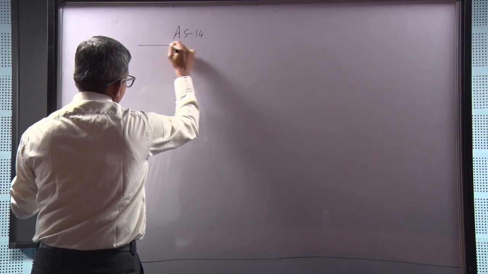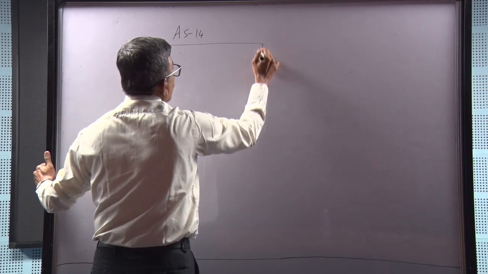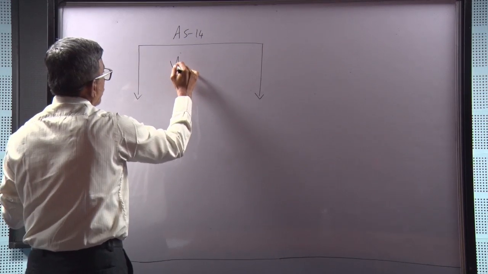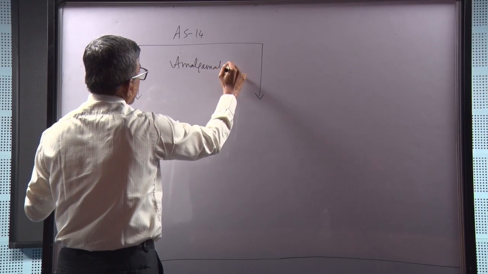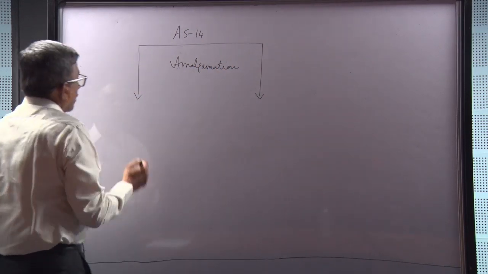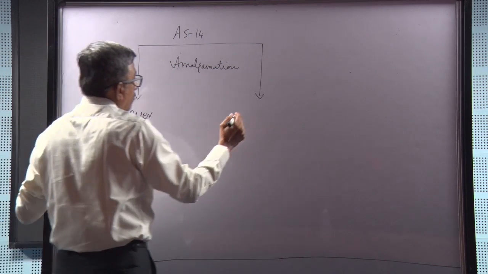Accounting Standard 14. For the purpose of AS 14, amalgamation has to be classified into either merger or purchase.